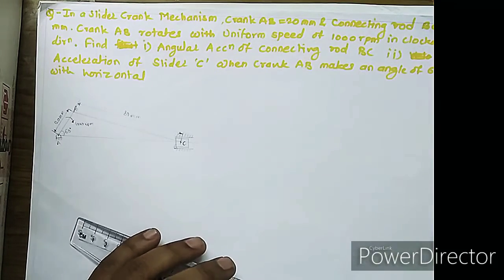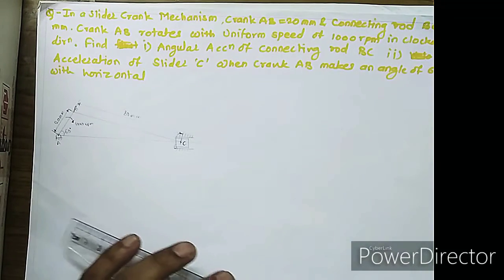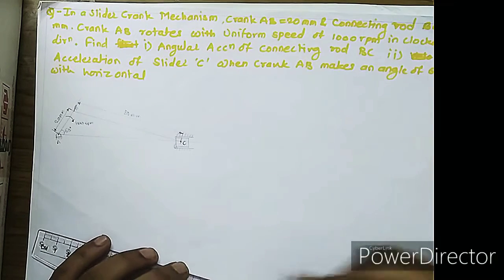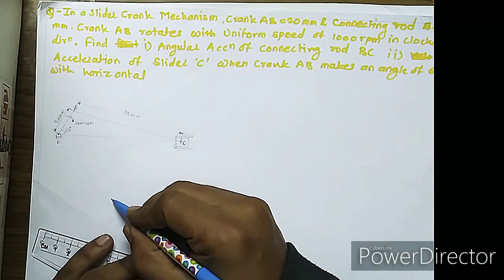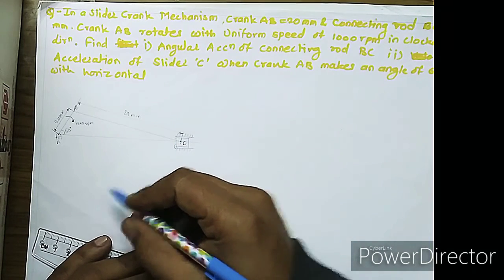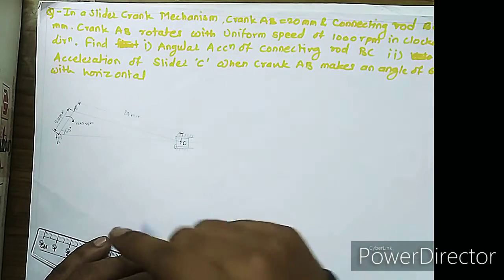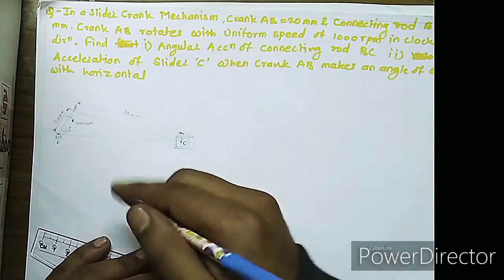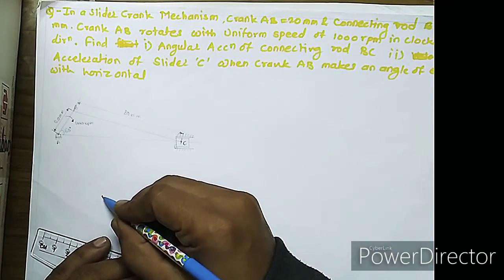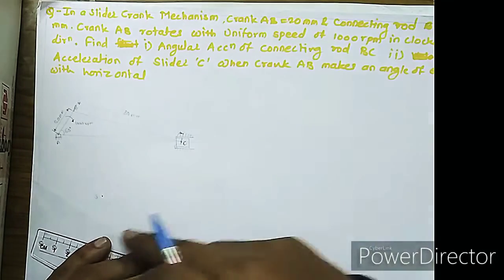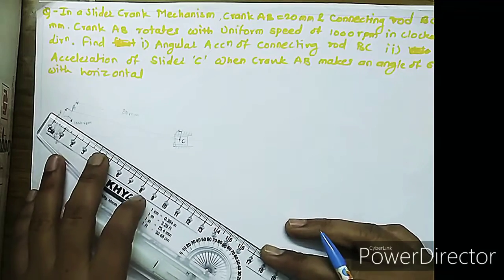Now we have to draw the velocity diagram. For that we have to draw perpendicular lines to each link. So for that, mark a point anywhere on the sheet, and from that we can draw the lines. As crank rotates in a clockwise direction, we have to draw the line in a downward direction.